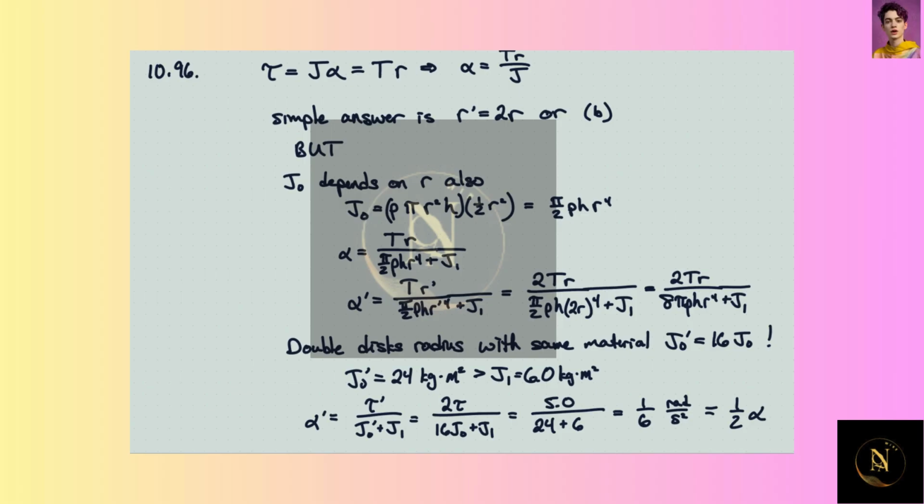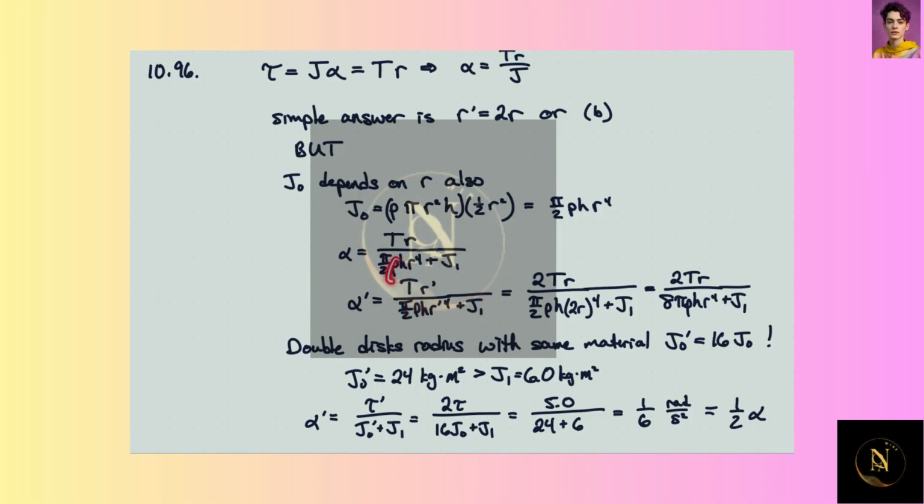Now, alpha initially is TR all over pi over 2 rho h r to the 4th plus the mass moment of the person on it. Now, after we change things, T is going to stay the same, J1 is going to stay the same, and the density, we'll assume, stays the same.